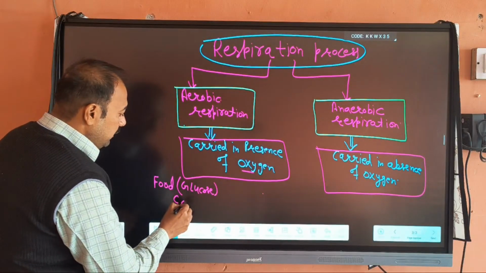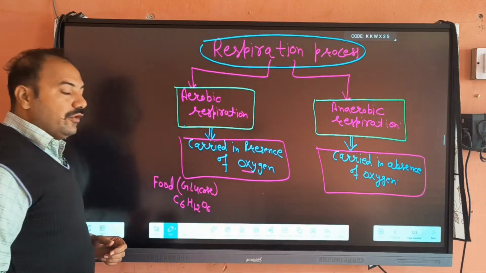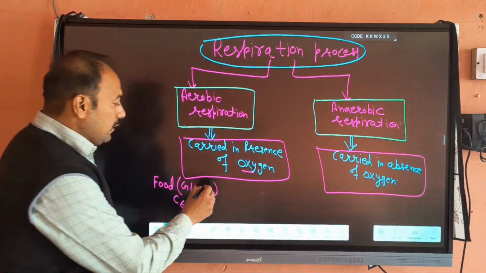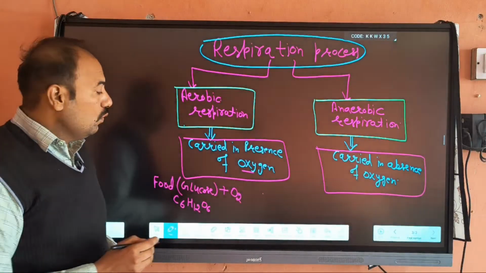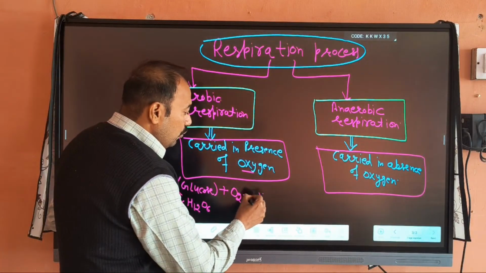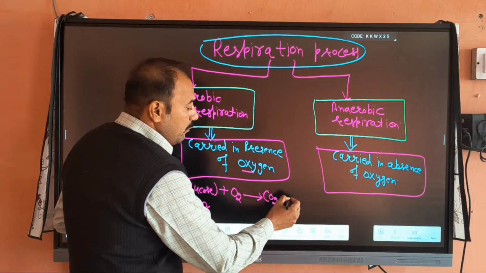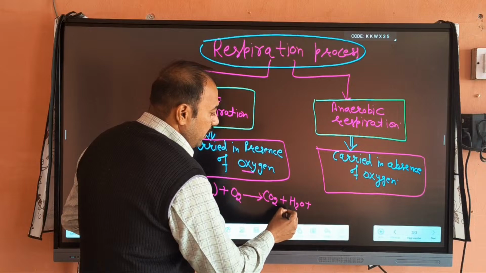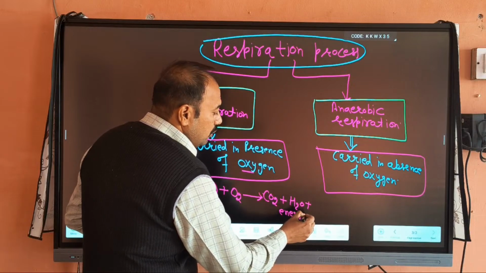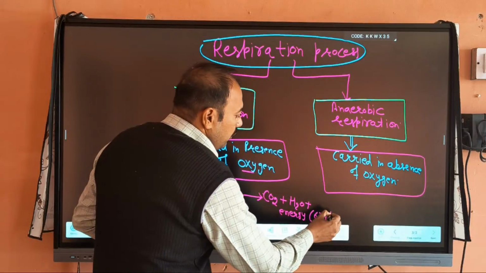This is the formula of glucose, plus it reacts with oxygen, O2, and they produce CO2 plus H2O plus energy. So here we write energy. How much energy is produced? 674 calories.